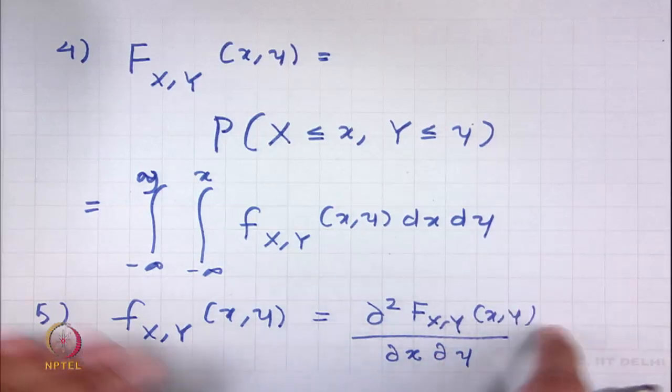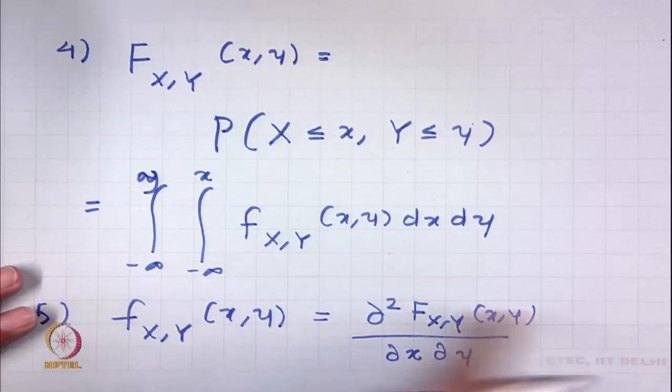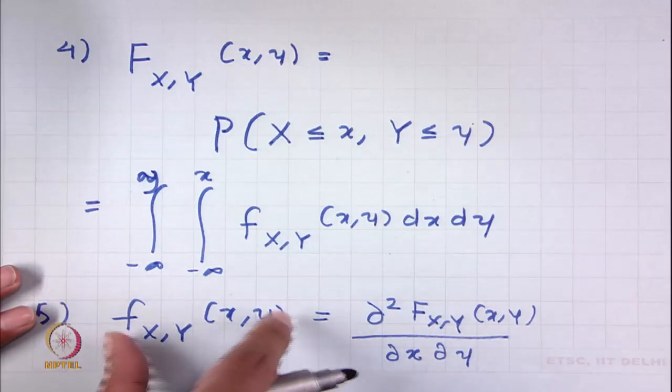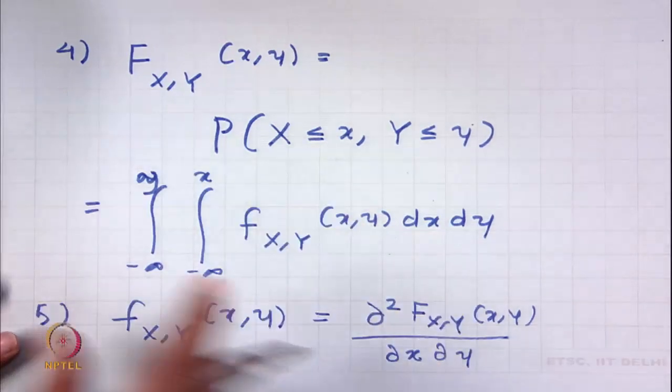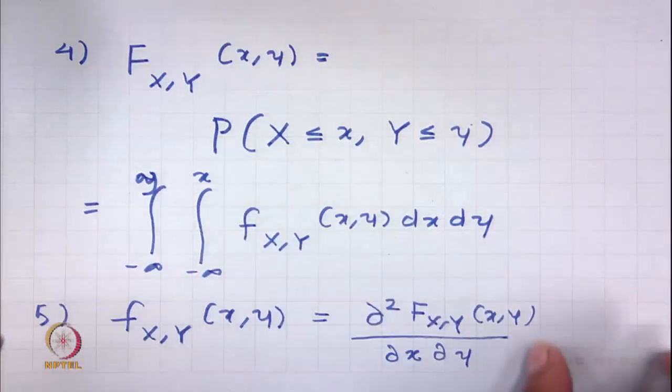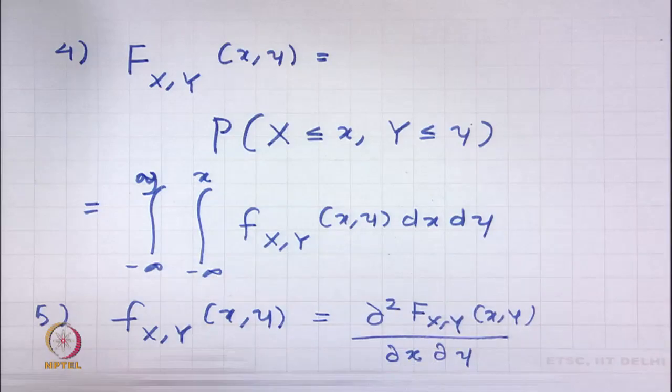So, by doing the partial differentiation of the CDF, I can find the joint probability density function. This is essentially how you can think about two random variables.